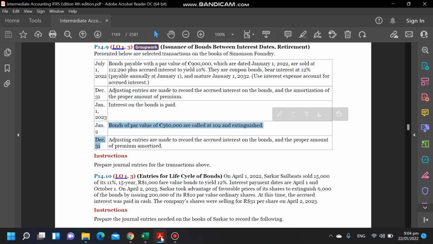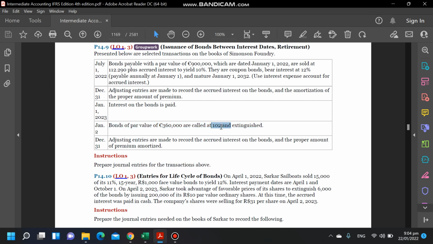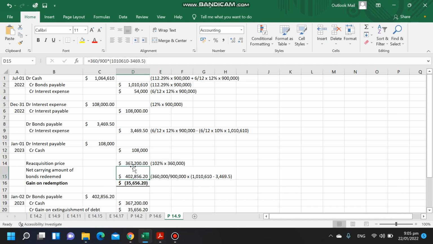Okay, so when we want to extinguish our bonds, we need to calculate the gain or the loss. Of course we already have the reacquisition price, 102 times 360,000, which is 367,200. And then we need the carrying amount of the bond.